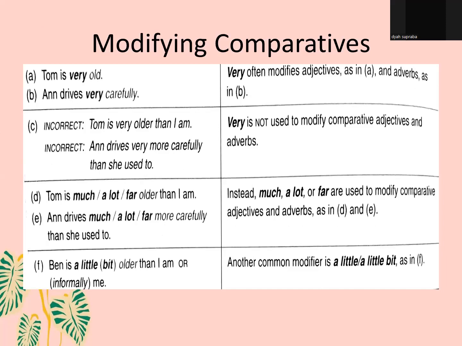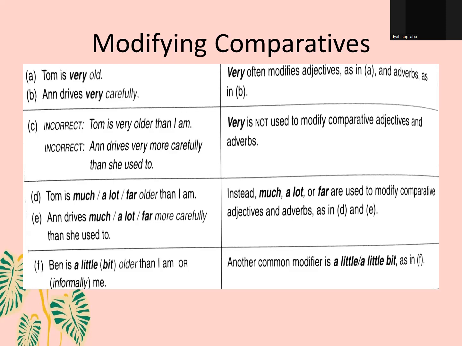Okay, when we use an adjective, sometimes we modify it with the adverb very. For example, Tom is very old and drives carefully. But be careful, we cannot use very to modify a comparative. Yeah, so we cannot say Tom is very older than I am, or drives very more carefully. Instead of very, we use much, a lot, or far to modify comparative adjectives and adverbs.